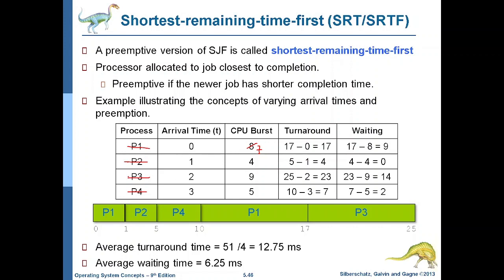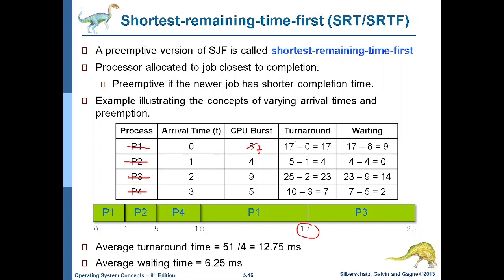To calculate the turnaround and the waiting time, turnaround is just the time at which the process finished executing totally. So for P1, it finished at time 17. So that's why 17 here.